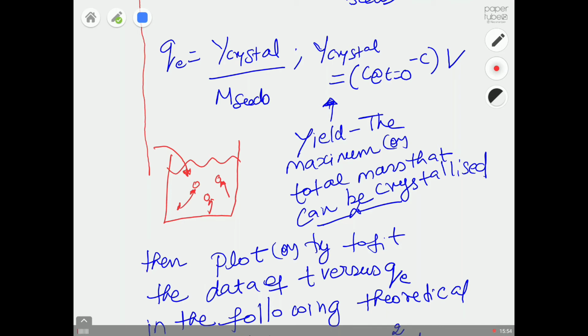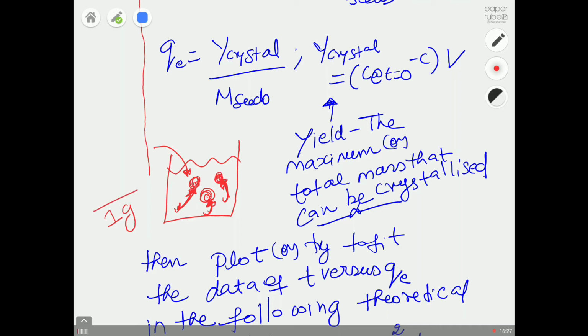Let's say the mass of these 3 particles is 1 gram, and let's say 1 gram of paracetamol goes and attaches to this particle, 1 gram of paracetamol goes and attaches to this particle, and 1 gram of paracetamol is transferred from solution to this particle.